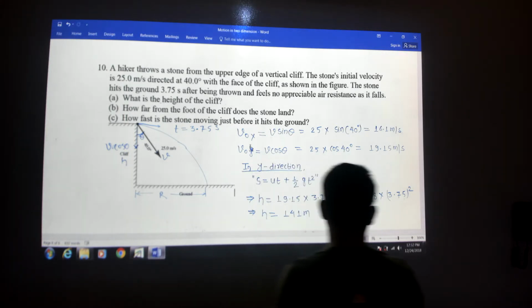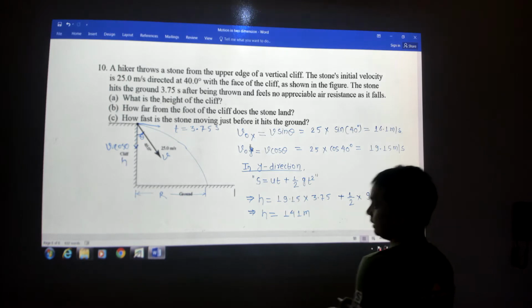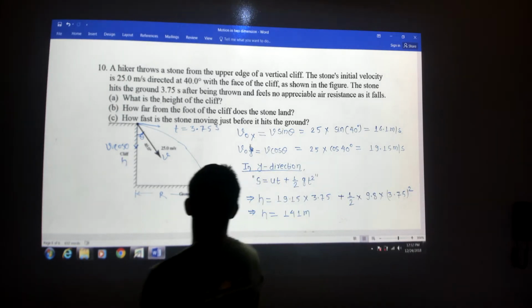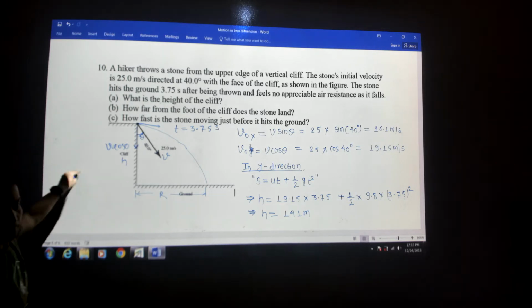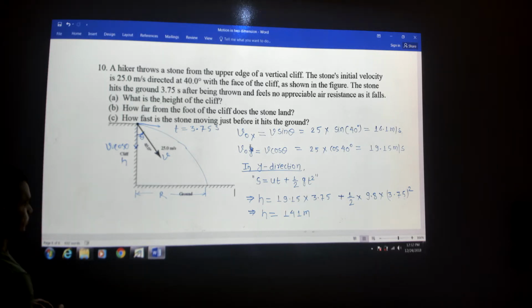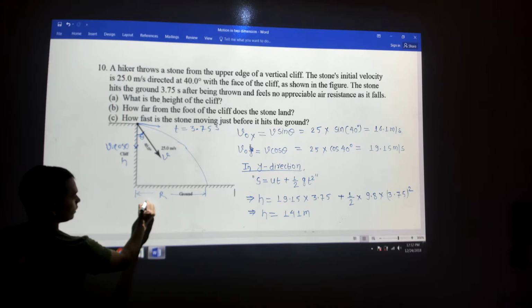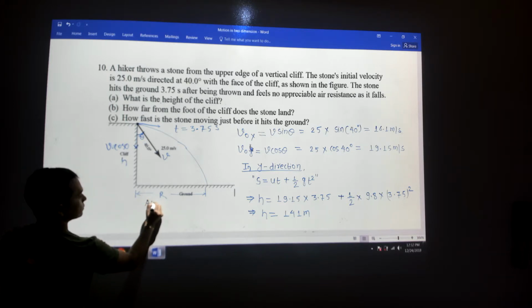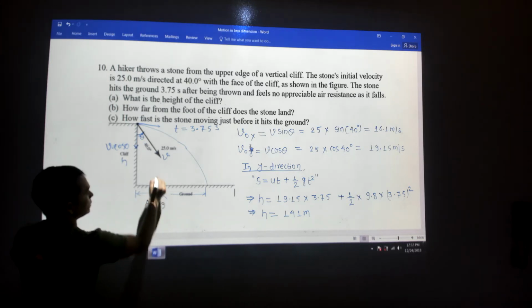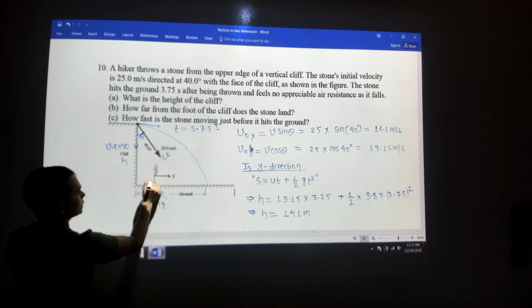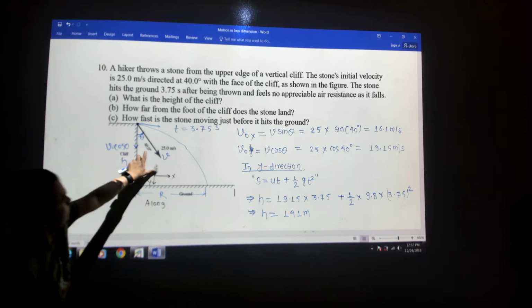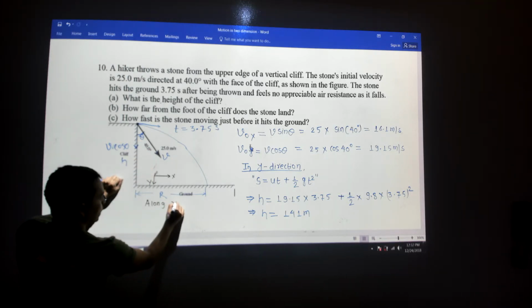Now let's see. Let me find some space here. Along the x-axis. Remember, this is the x-axis and this is the y-axis, or this is the downward direction.